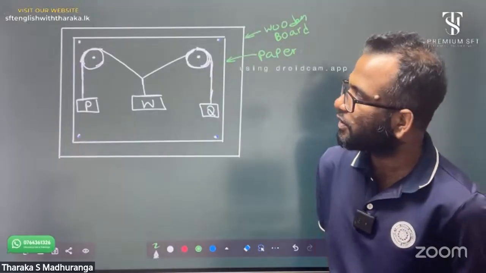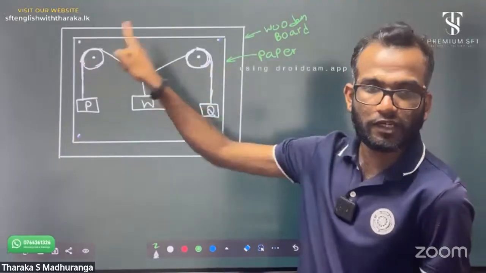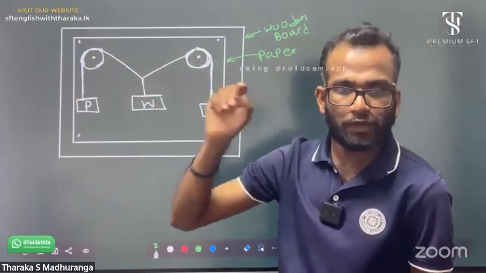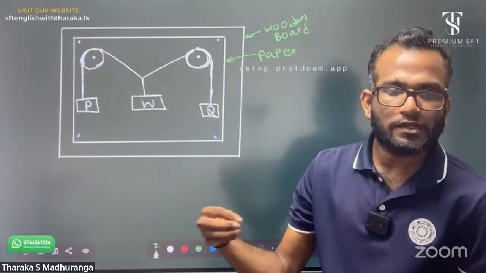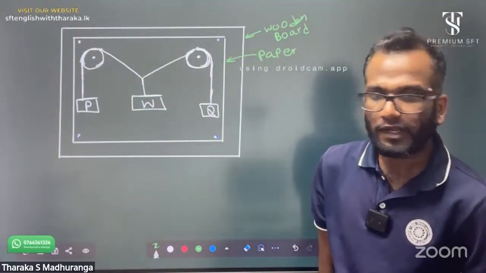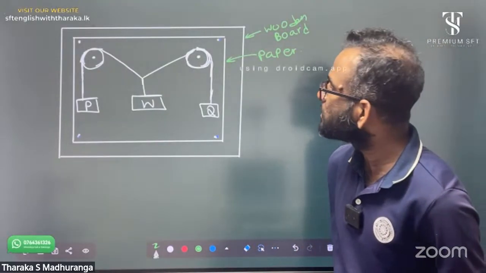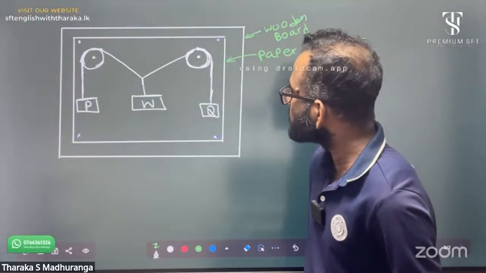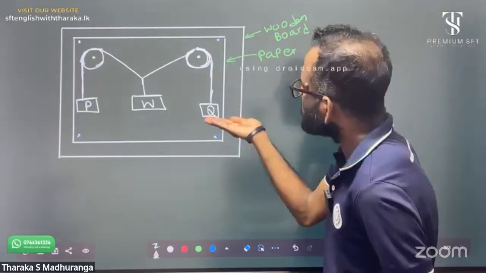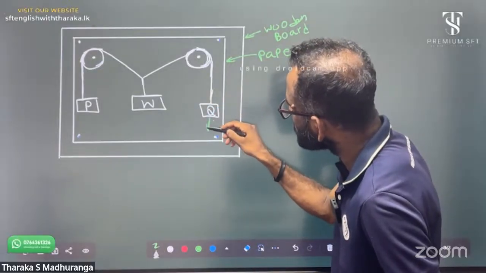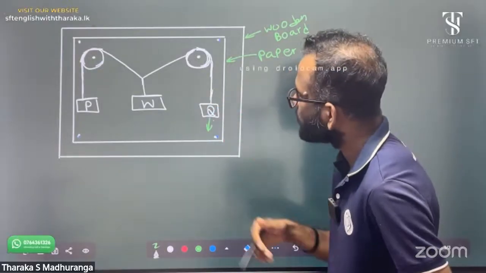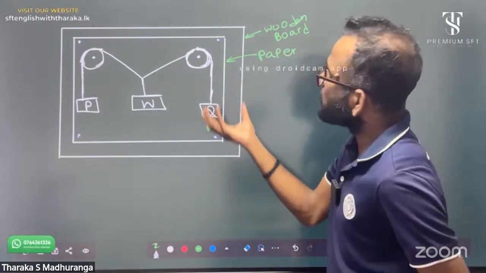If there is any considerable friction on these pulleys, this experiment will not be completed; the data will have errors. So we give some force to the Q mass on one pulley and release it again.